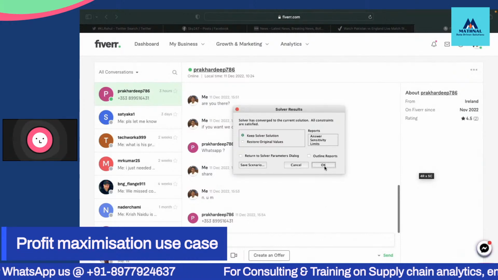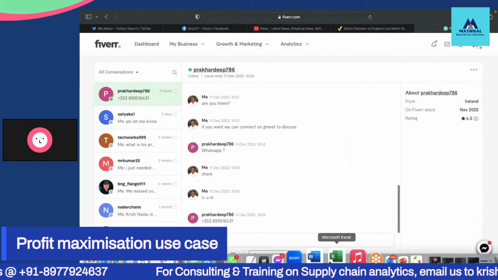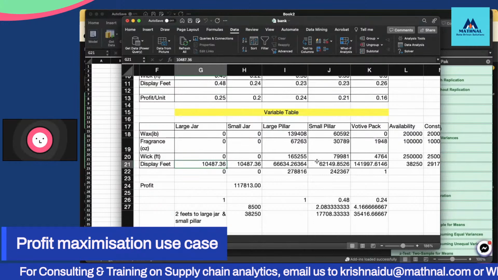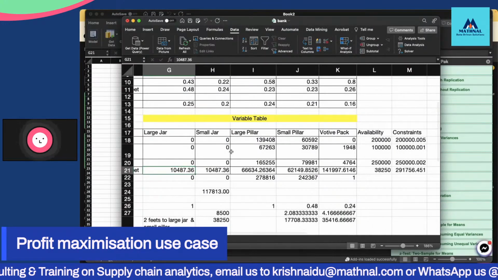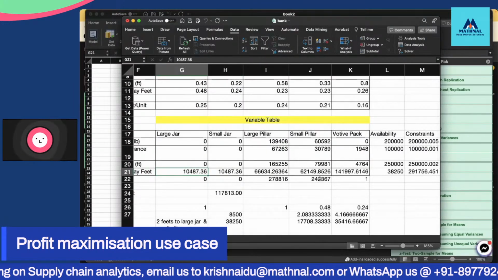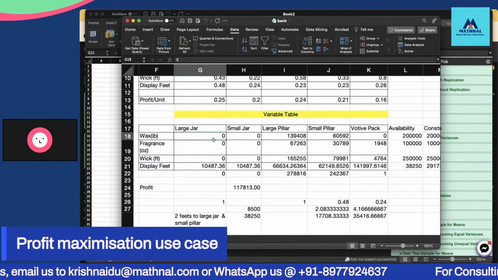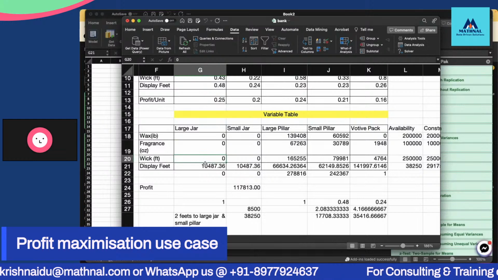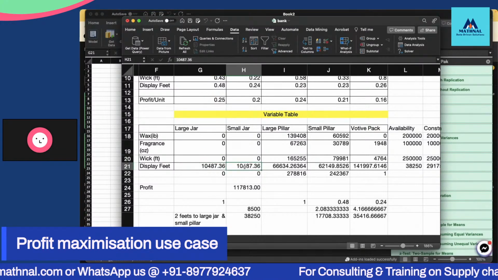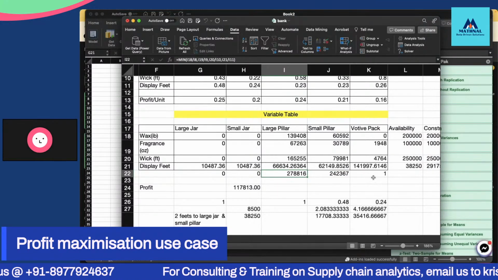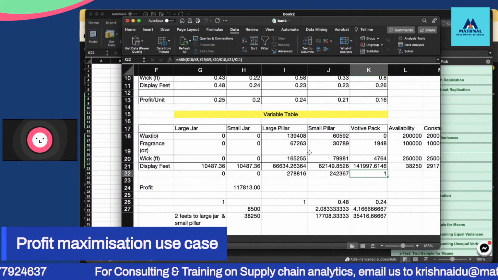We want to go with each and every product. Still our solution is suggesting the same thing, that we have to go with large pillar and small pillar. This is what we don't want.